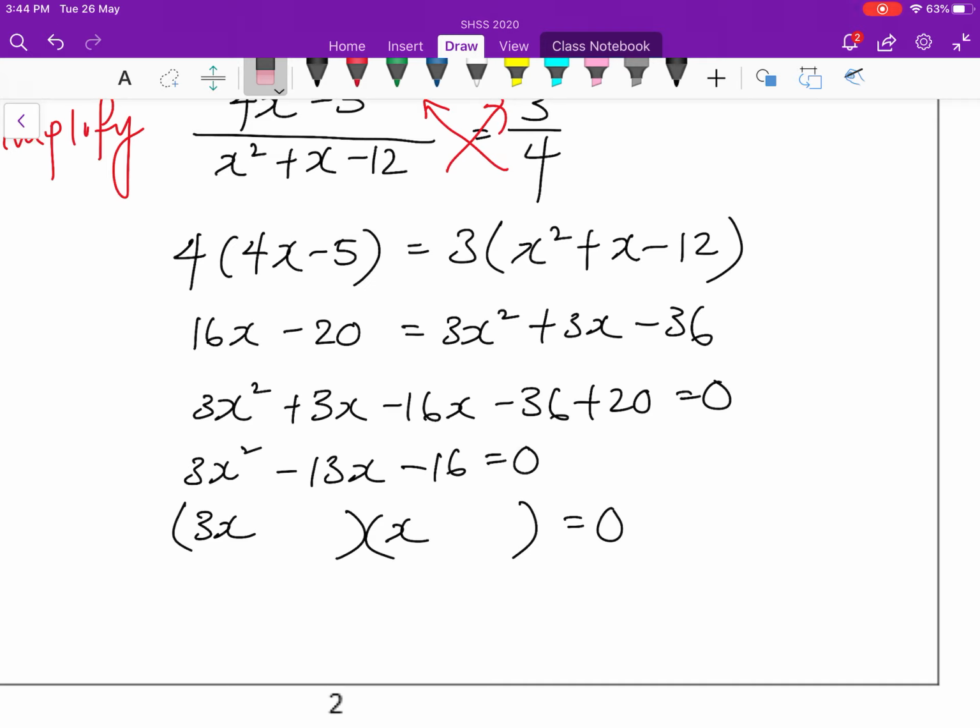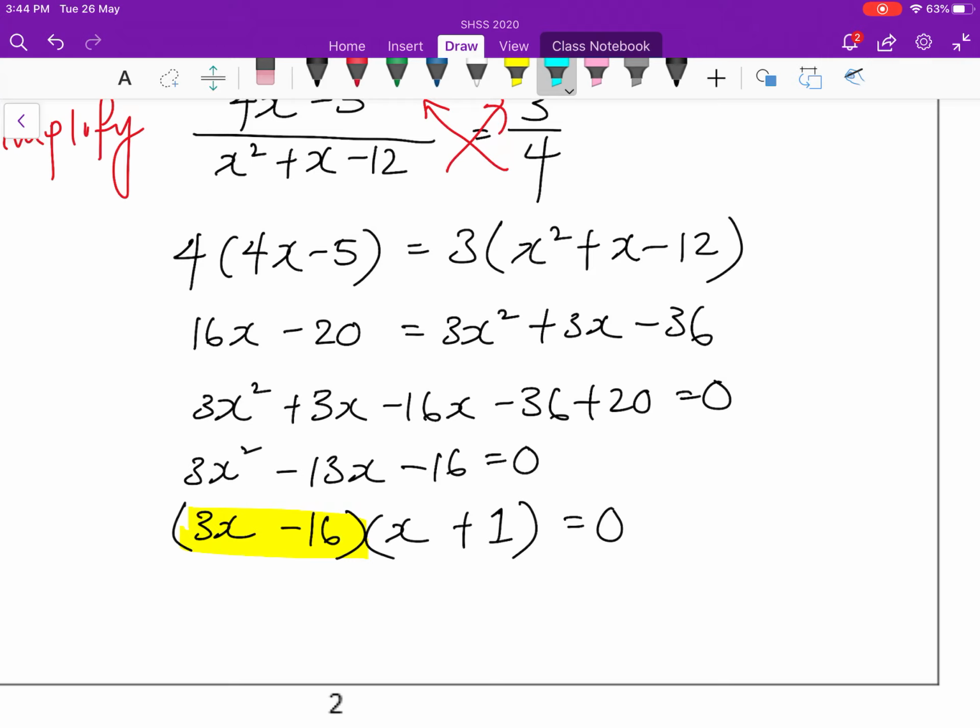Let me see what factorization is this. So actually this is 16 and 1. Yep. To get minus 13, this is minus 16 plus 1. Correct. So from here, you see, it's the same.